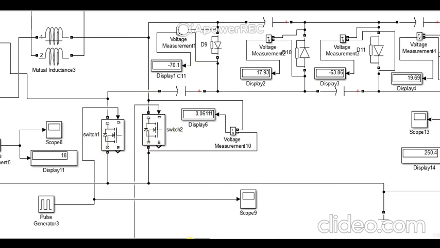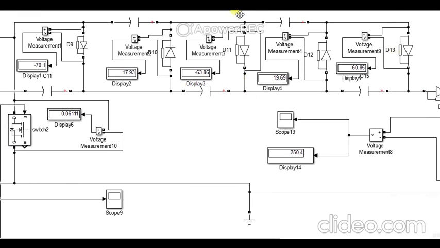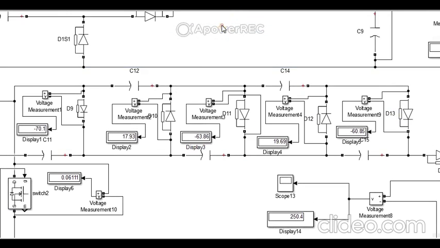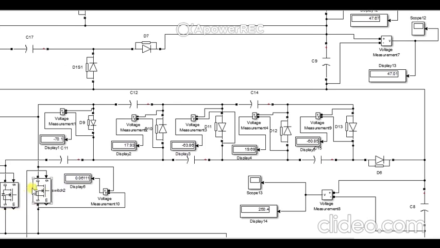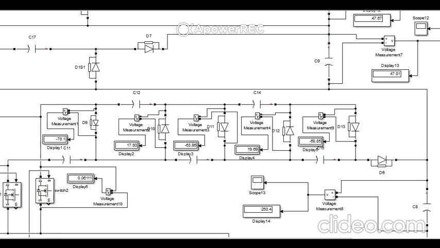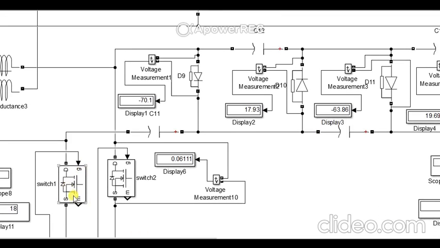Now coming towards the DCM cells. The DCM cells operate on the MOSFET cycles. When S1 and S2 are on and off, the diodes become forward biased and reverse biased, and the capacitors charge and discharge, giving an output voltage to the capacitor C01.